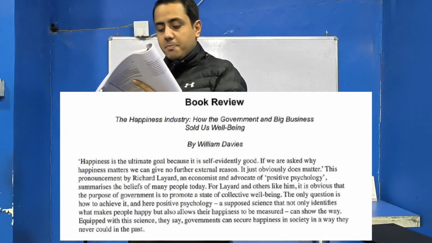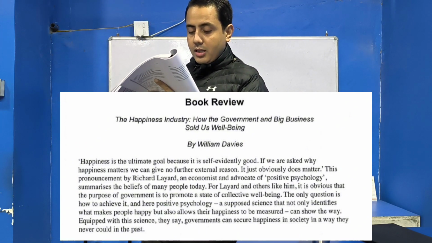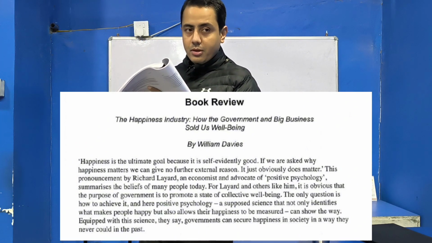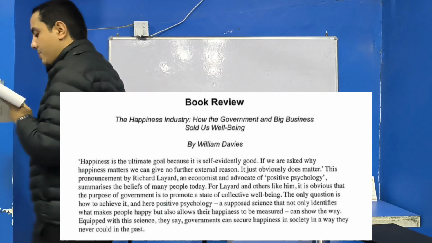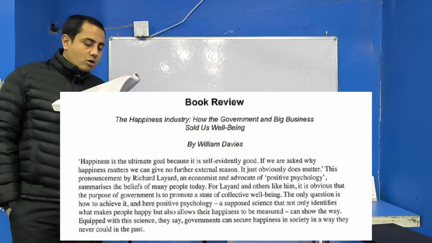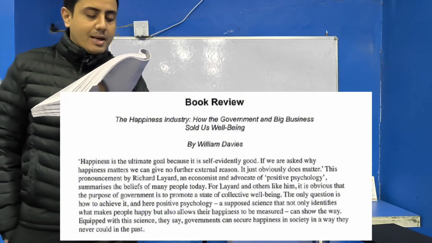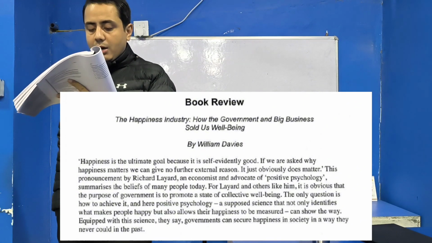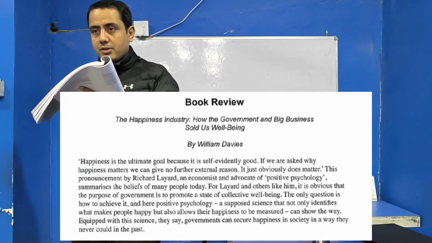In the first paragraph, in the fourth last line, do you see that part? Positive psychology, a supposed science that not only identifies what makes people happy, but also allows their happiness to be measured. Do you see that? So that's what positive psychology is.